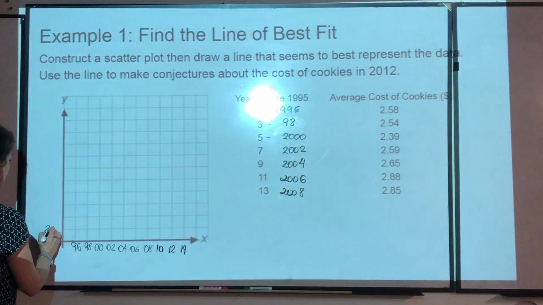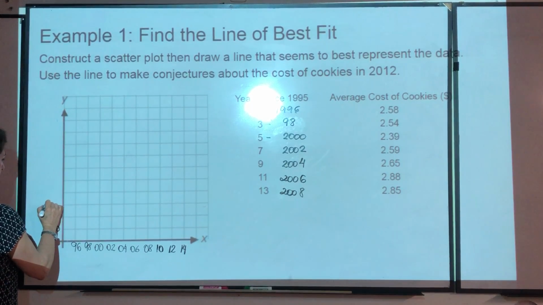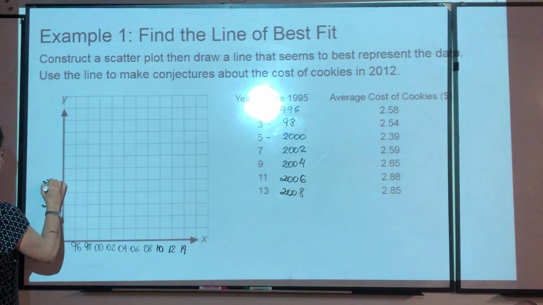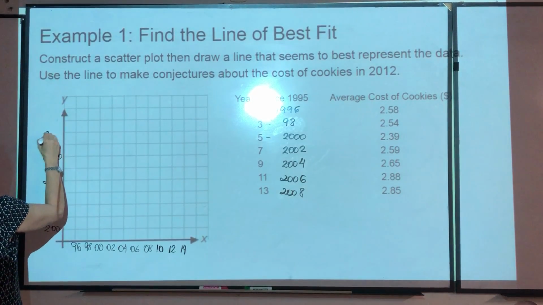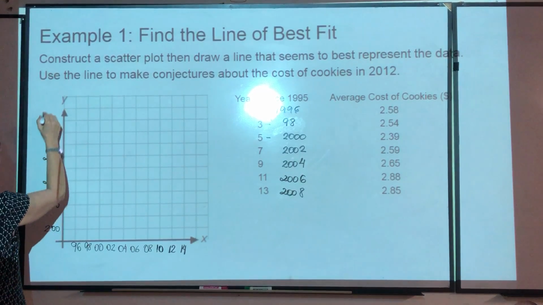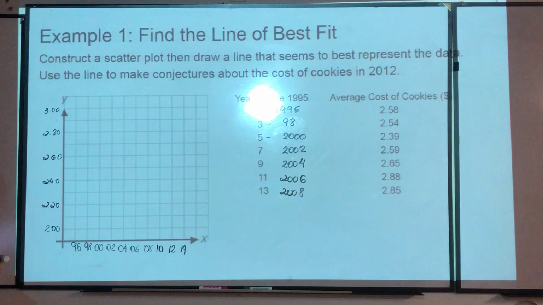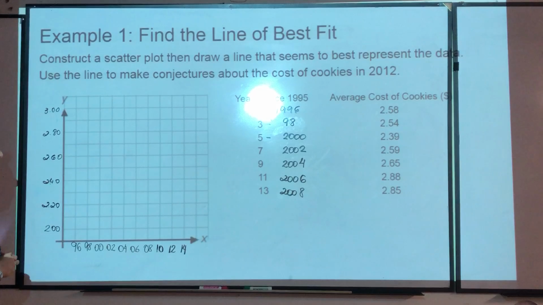Here I can put $2, let's say $2.20, $2.40, $2.60, $2.80, and $3. So I went by 20 cents over here, and I went by 2 years over here.